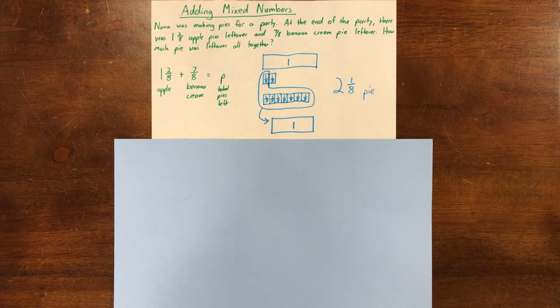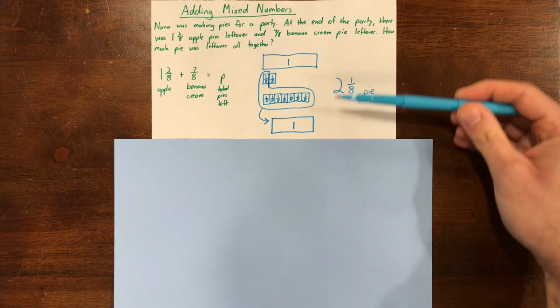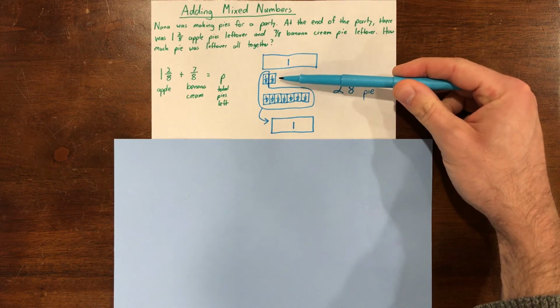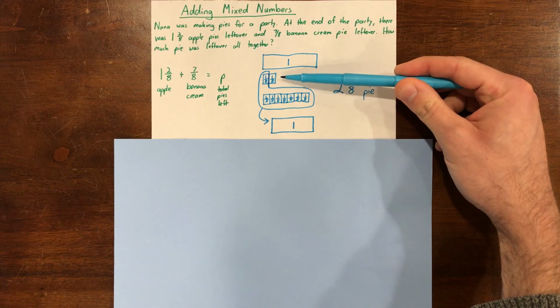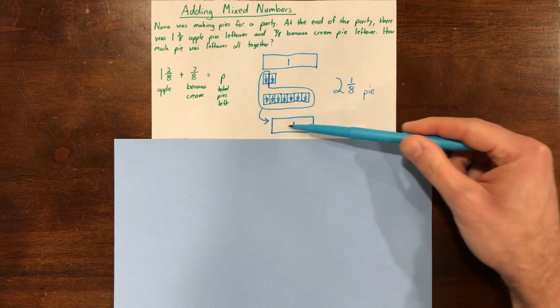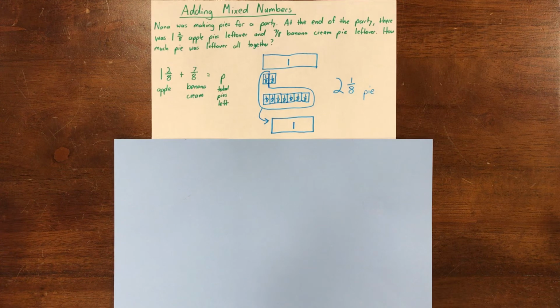Yeah, 2 things, right? I drew a model and I showed my wholes and then my fractions as little fractional pieces, just like you would if you were using fraction tiles, okay? Then I regrouped, right, to create a new whole when I had enough fractional pieces to do that. So what do you think we should probably be thinking about today as we dig into our work?